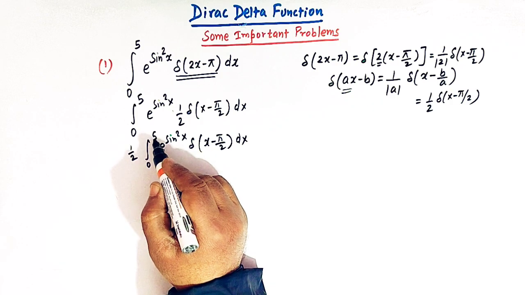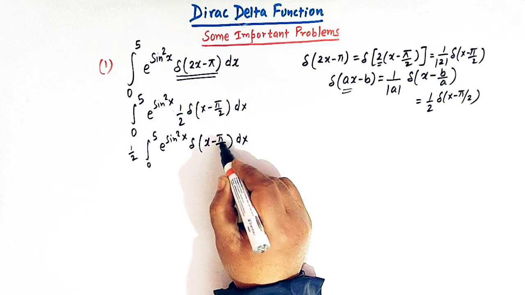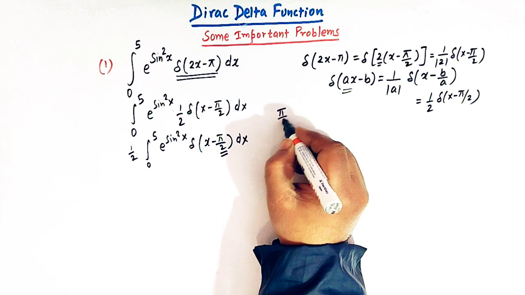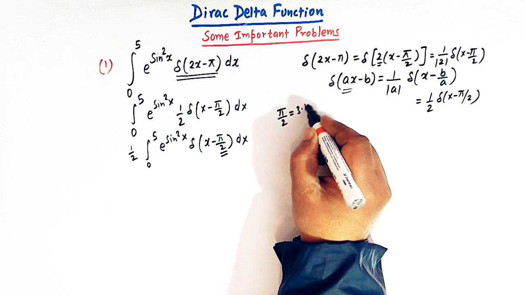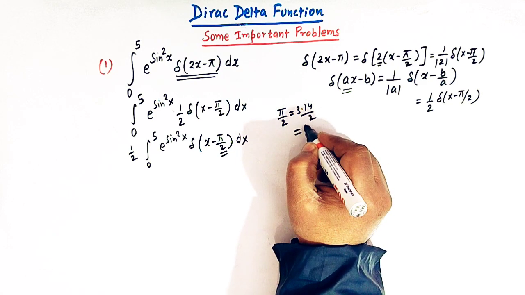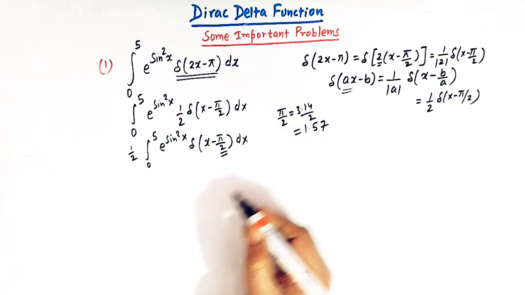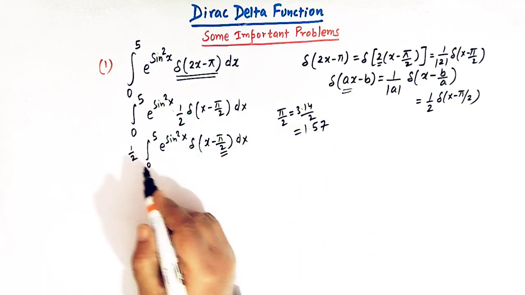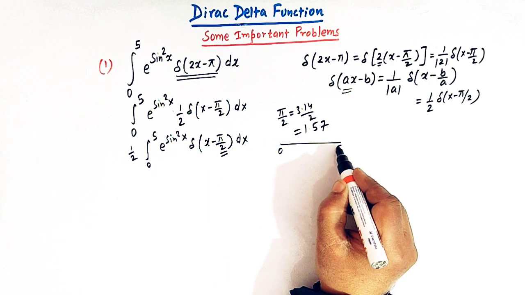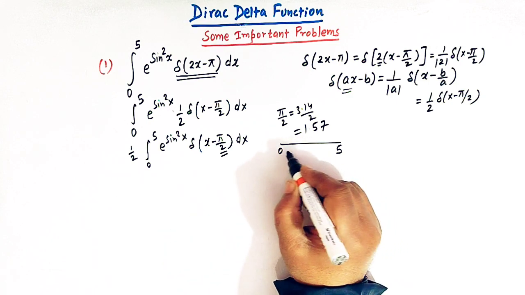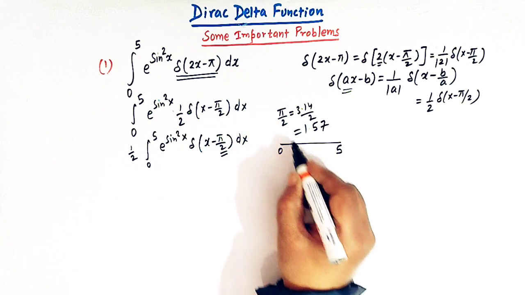Here we have the limits from 0 to 5, and let us see this number. This number is pi by 2, which is approximately 3.14 over 2, that is 1.57, right? And 1.57 lies between 0 and 5. So here we have 0 and here we have 5, and between 0 and 5 we have the number pi by 2.